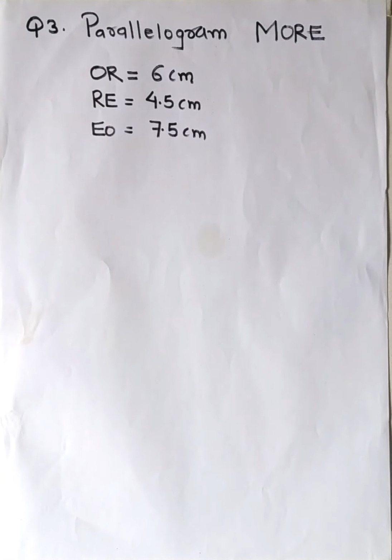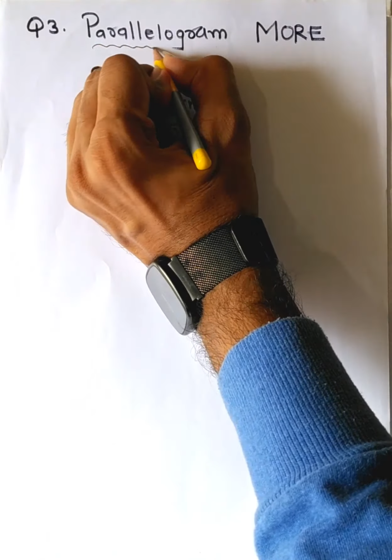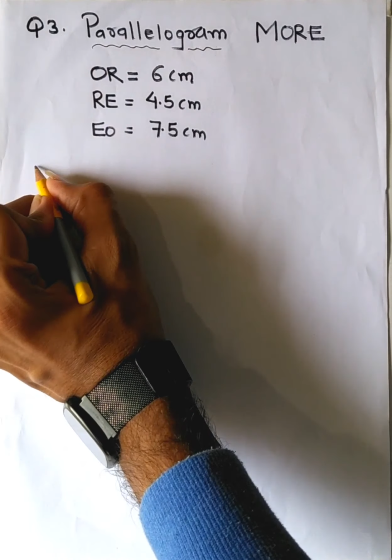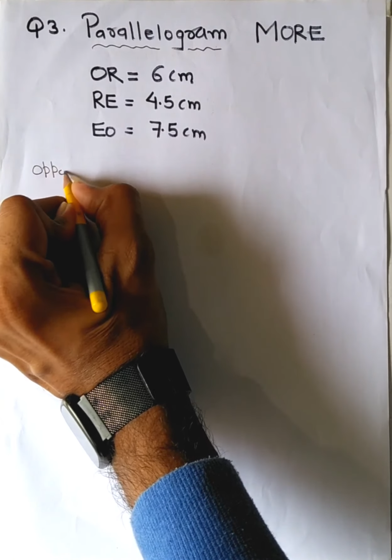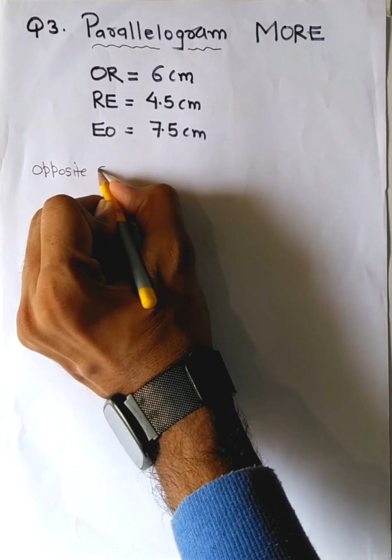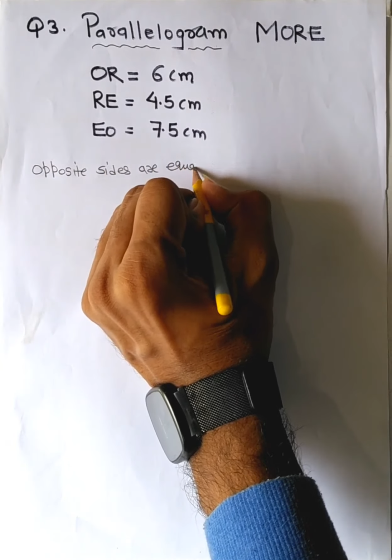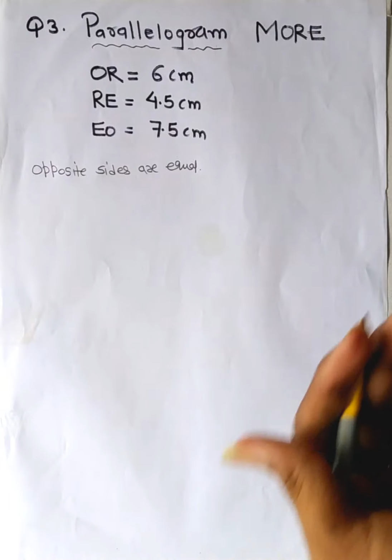Now the third question is to draw a parallelogram. Remember, they have given a very nice hint, that it is a parallelogram, and we must remember that in a parallelogram opposite sides are equal. So we need not know about every side.